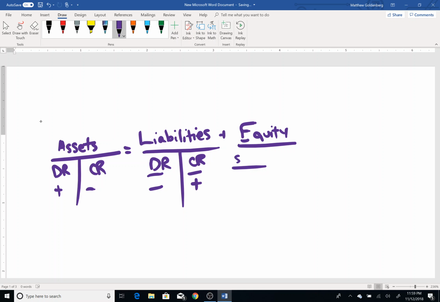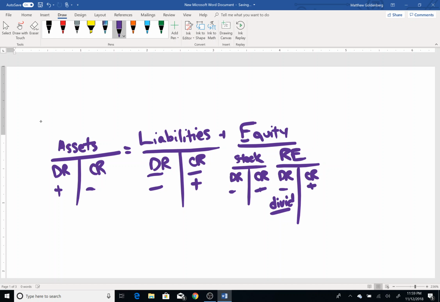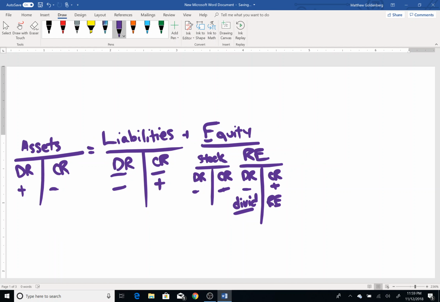So stock, and then reinvestment, which is debit, negative, or dividends. And then credit, positive, or retained earnings. And then, let's do it in a different color. This is the balance sheet.